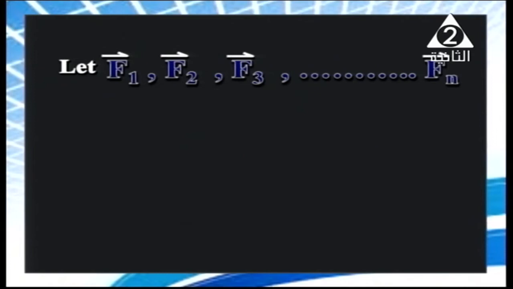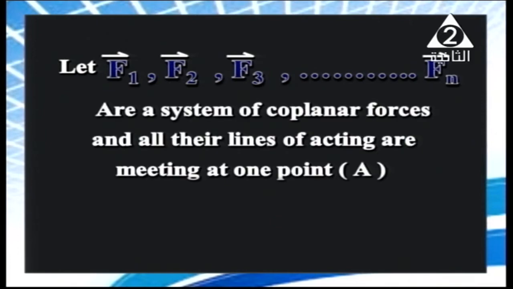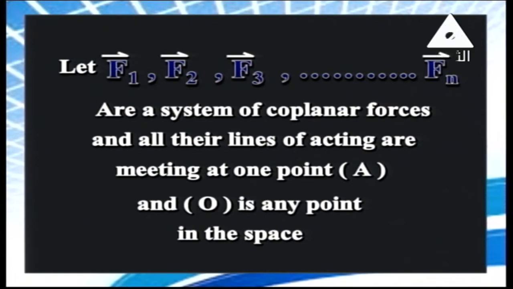Let F1, the first force, the second force, the third force, and Fn be a system of coplanar forces, and all their lines of action meet at one point A, and O is any point in space.